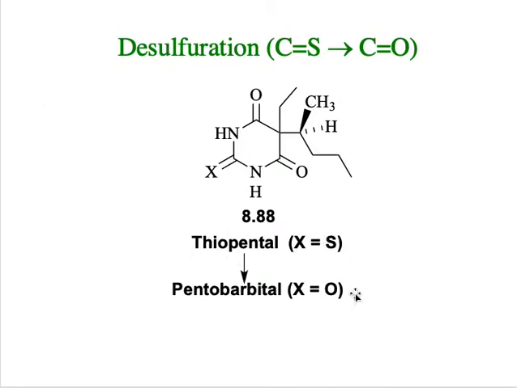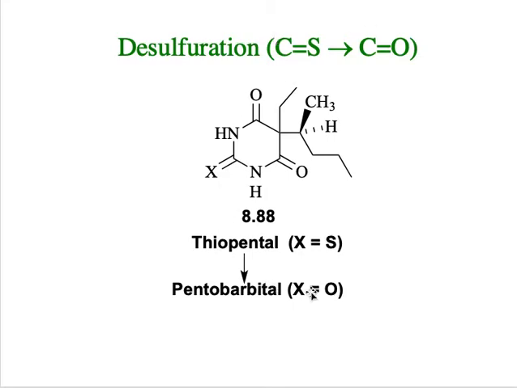Here's an example of thiopental being turned into pentobarbital. Pentobarbital is a classic sedative. I think it's one of those they also mention as a truth serum or something from back in the 50s. I think a lot of that has been disproven, but in any case, it was used for that.